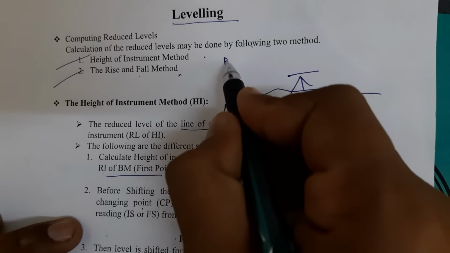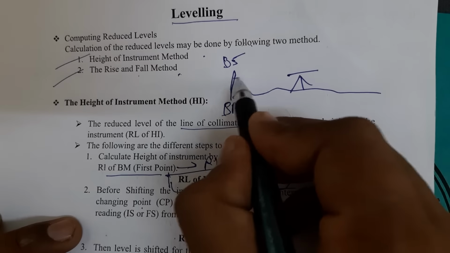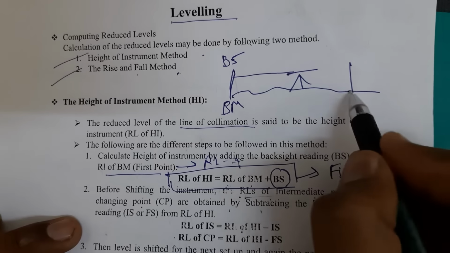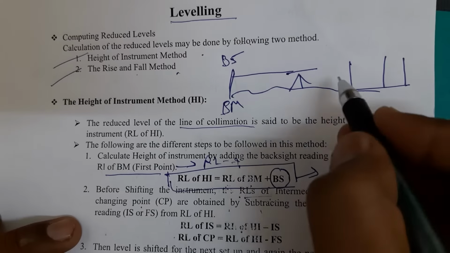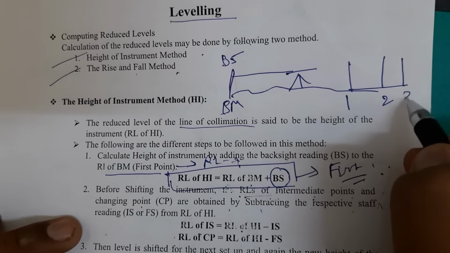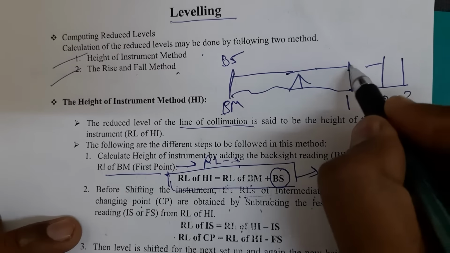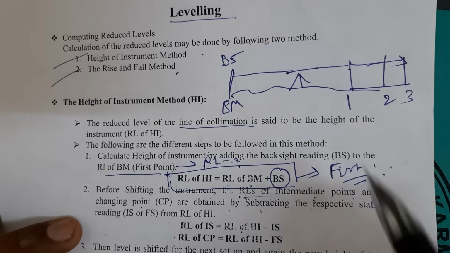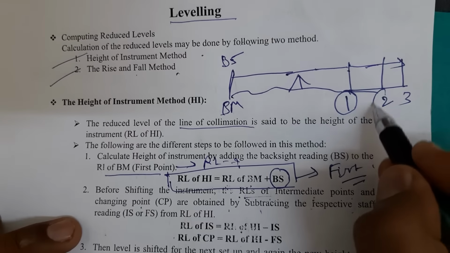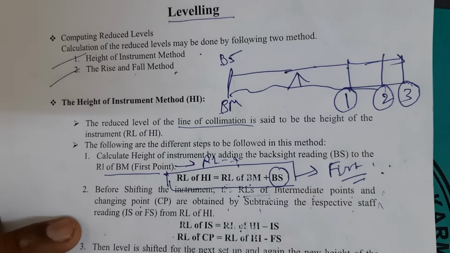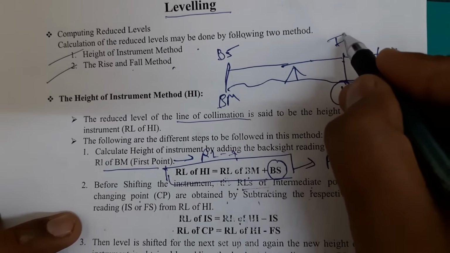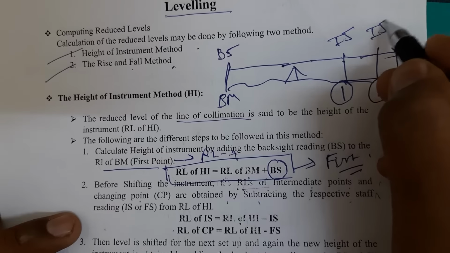Now you find BS using the staff reading, and you find the different intervals 1, 2, 3. You calculate the RL of each particular station, which are your intermediate points.